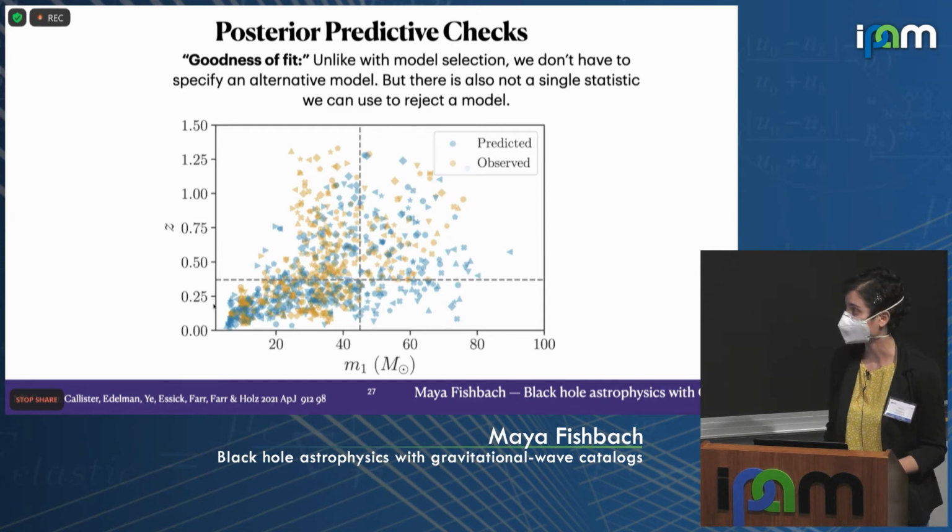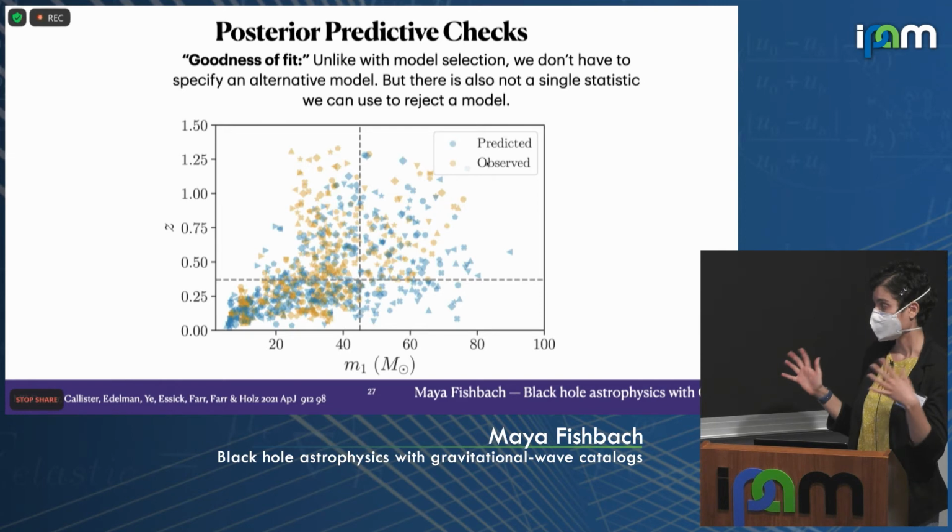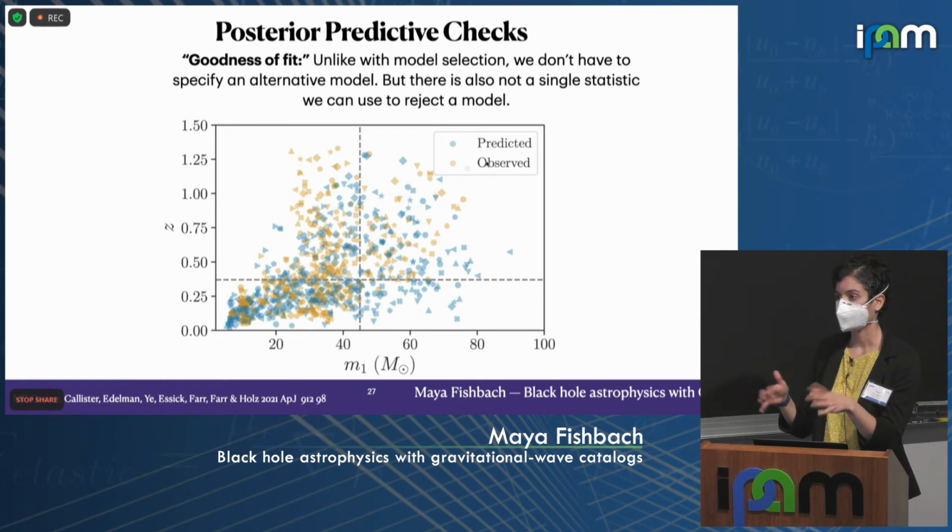So here's an example of a picture you can look at. The idea of a posterior predictive check is you're comparing your observed events, which here are shown in orange, to a predicted catalog you would get from your model.